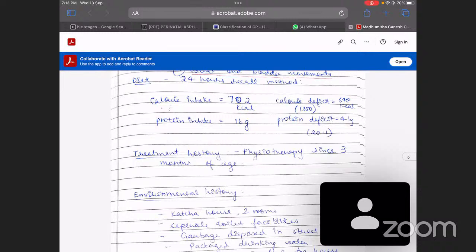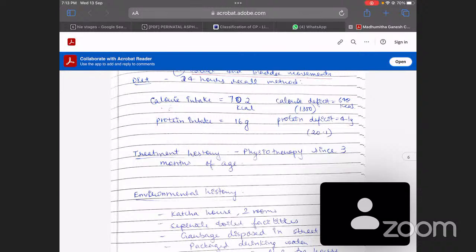And the third thing, motor incoordination, that could be a reason. Another thing, most CP children are neglected children. The social factors also should be considered. They are not taken care of or given proper needs, and as a result they can go for malnutrition. So that is one of the important factors that has to be assessed.